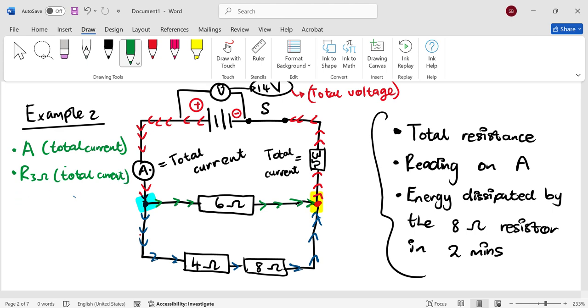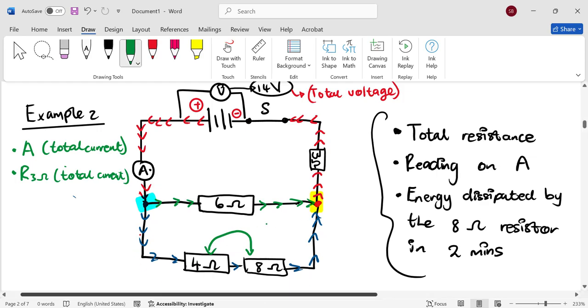Right, now that we've gotten that out of the way, we can continue to analyze. Now remember, what do you notice about the lower division in the circuit? Aha, you notice that the 8 and the 4 ohm resistor both have the blue arrows flowing through them. Remember, the blue arrows are the ones in the bottom division. So in the bottom division, you have the 8 ohm resistor and the 4 ohm resistor, and they have the same current flowing through both of them.